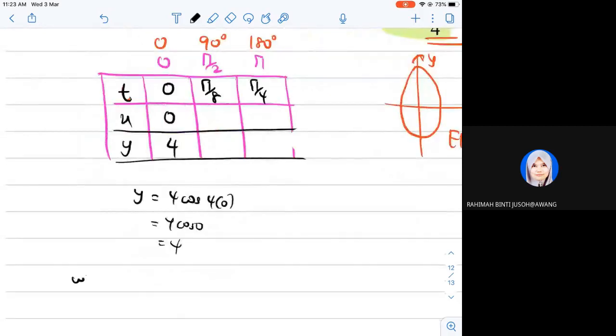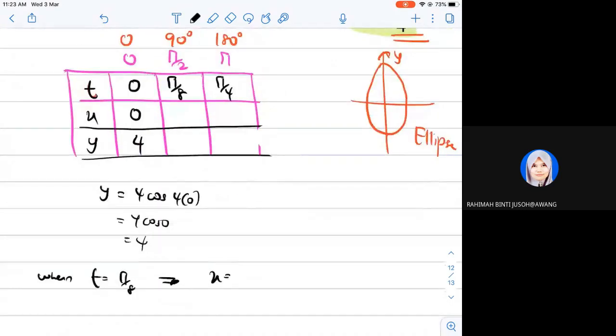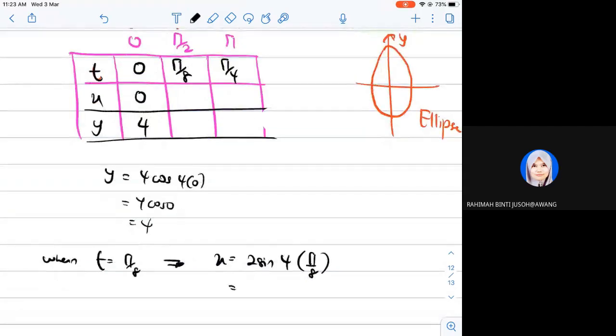Now pi over 8. When t equals to pi over 8, we will have x dulu lah. X equals to 2 sin 4t. 2 sin 4 times pi over 8. So 2 sin 4 darab pi per 4 jadi pi per 2. So you will get 2 sin 90 is 1, so 2.